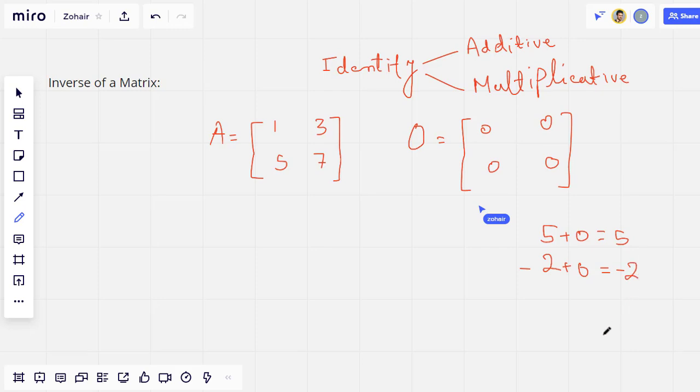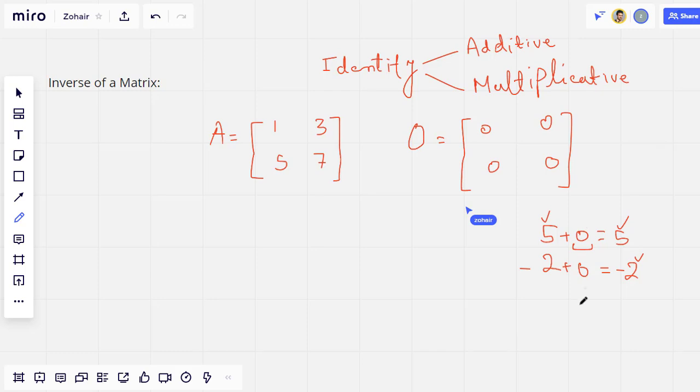Minus 2 plus 0 is minus 2. So you see, 0 is the additive identity for real numbers, because when you add a real number with 0, it results in the same real number again. So 0 does not change the identity of the number that you are adding it with.